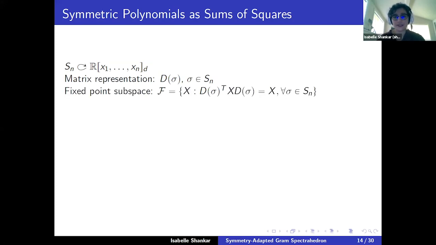And I'm interested in the fixed point subspace of the action induced by this by conjugation on symmetric matrices. So we have this D_sigma action, and it acts on the space of symmetric matrices by conjugation. The fixed point subspace, as I said earlier, is all we really need to look at when it comes to looking at symmetric polynomials as sums of squares.